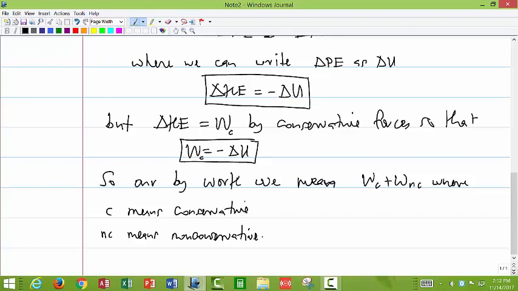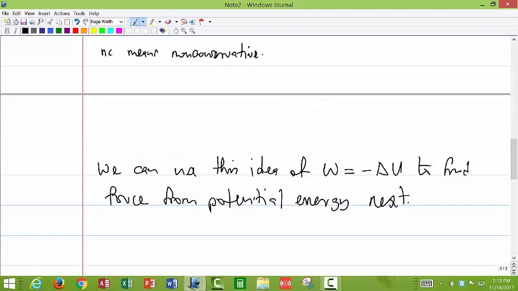So I just wanted to make that clear. And the reason that is important is because now we can use that idea to find work from potential energy. So we can find force from potential energy next.